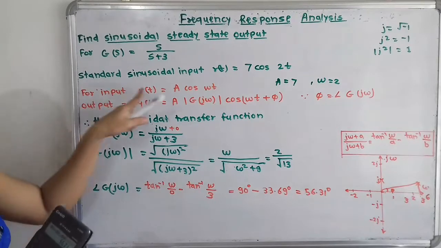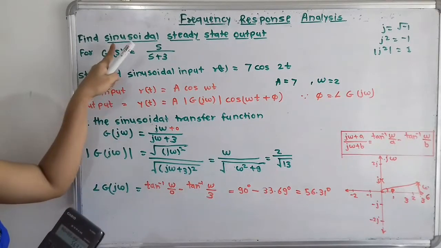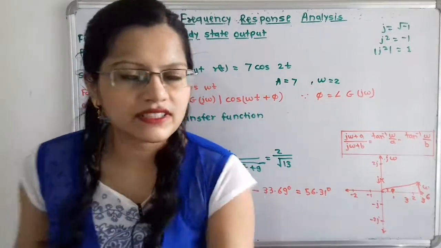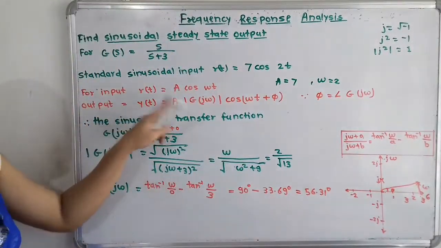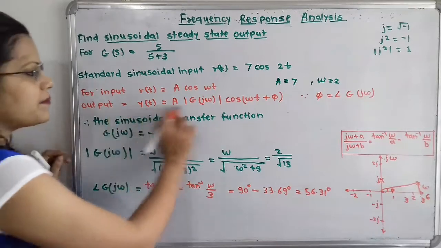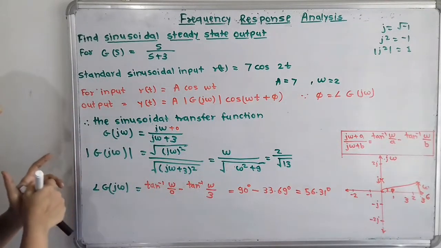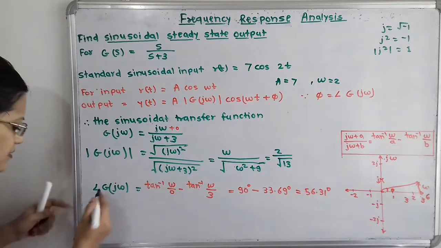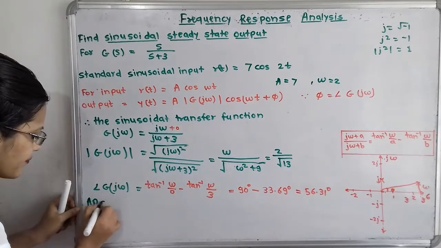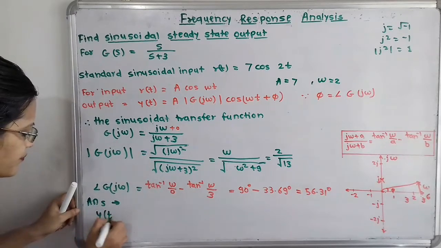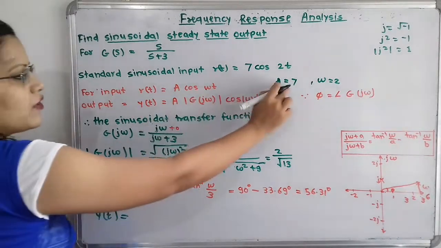Now for this input we have to find the sinusoidal steady state output, which is given in the form y of t is equal to. Now we will simply put the values. So I will write the answer: y of t is equal to A, and what is the value of A?